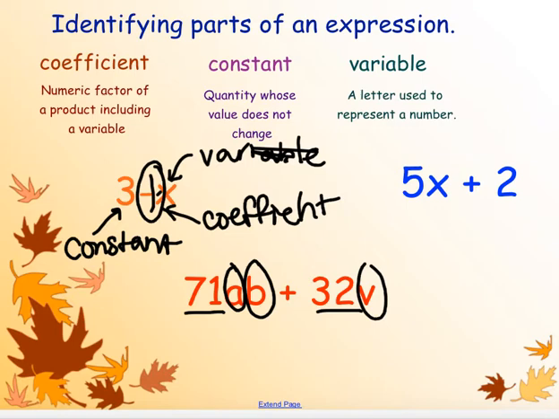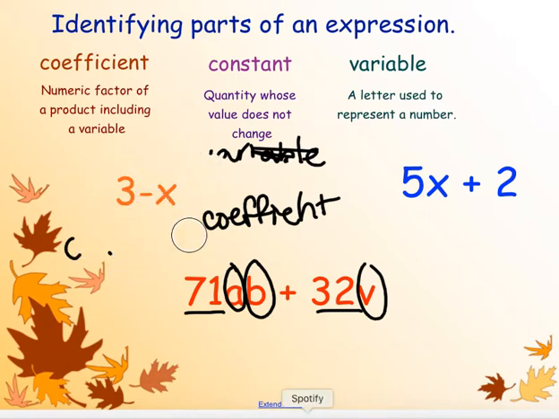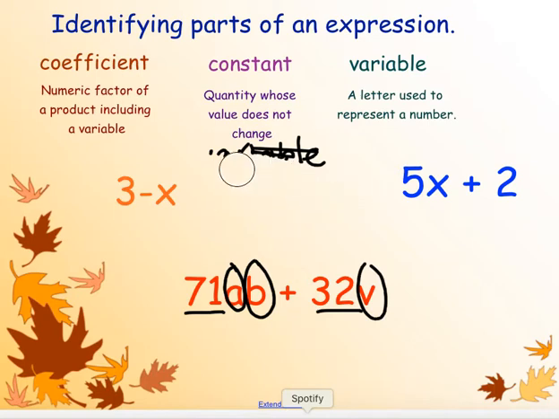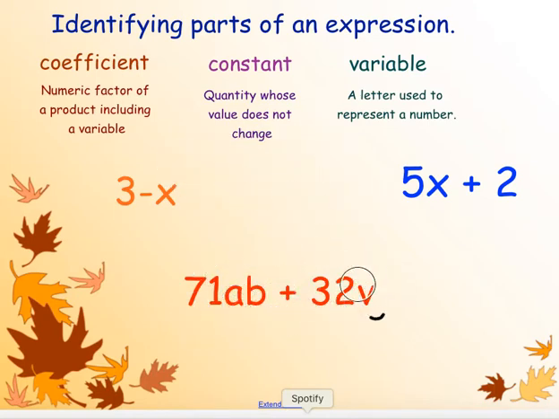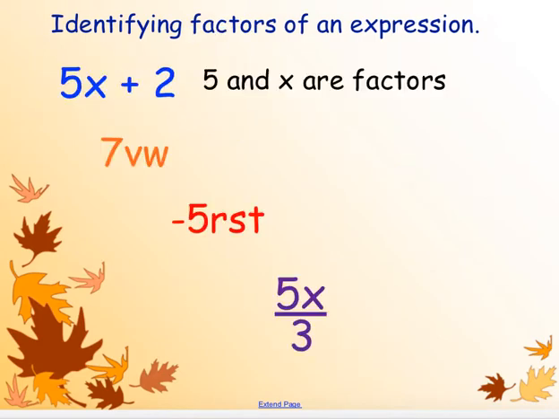So we would say we just have coefficients and variables here. All right, so we need to be able to label the different parts of an expression using things like coefficient, variable, and constant. Next, we need to be able to look at specific terms and say, what are the factors?